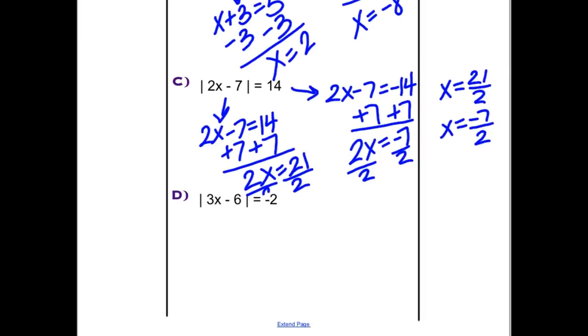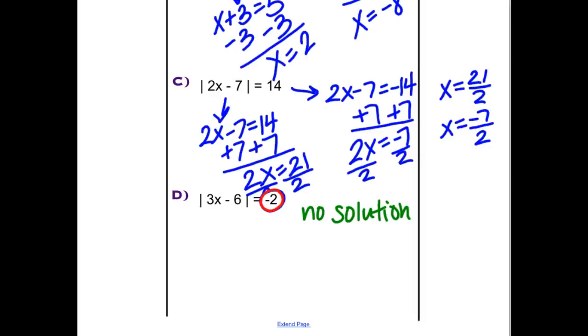So then we're going to have the absolute value of 3x minus 6 equals negative 2. Now we have to take a look at negative 2, because are we ever going to get, for an absolute value, an answer of negative 2? The answer to that is no. And so this actually is no solution.